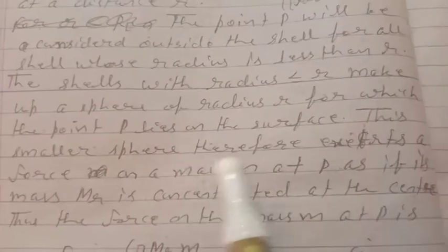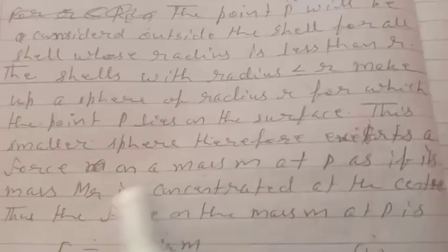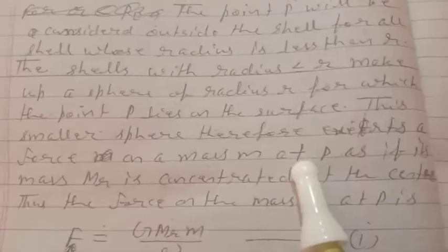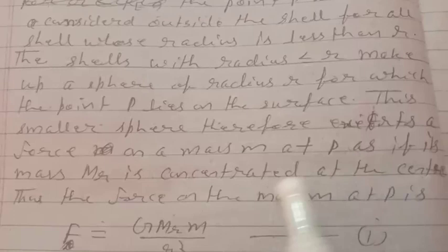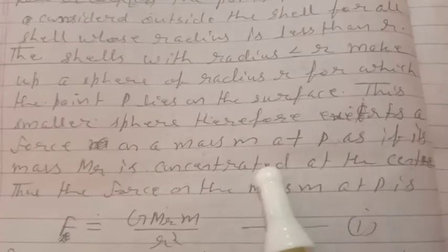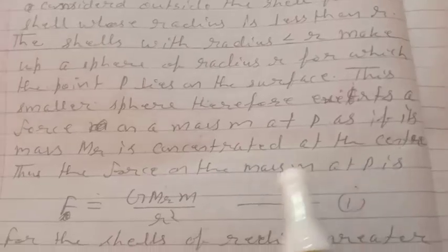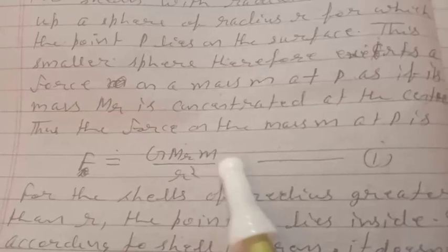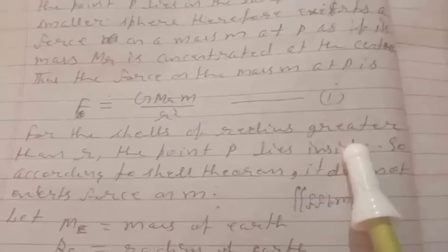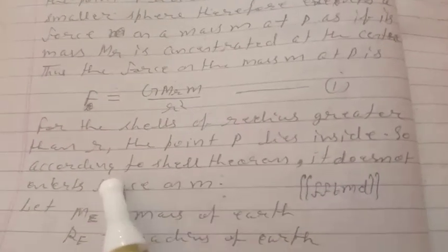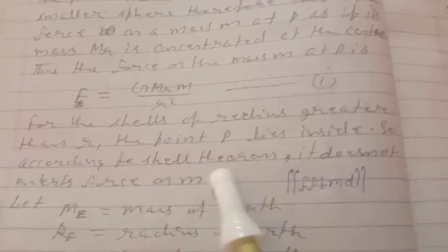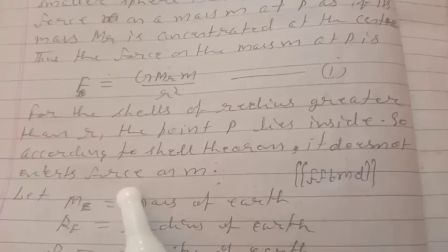This smaller sphere therefore exerts a force on a mass m at point P as if its mass Mr is concentrated at the center. Thus the force on the mass m at P is F equals G Mr m by r square, equation 1. For the shells of radius greater than r, the point P lies inside. So according to the shell theorem, they do not exert force on m.